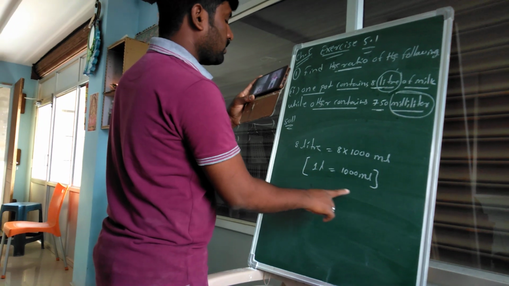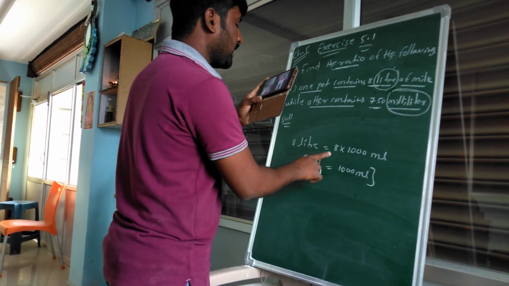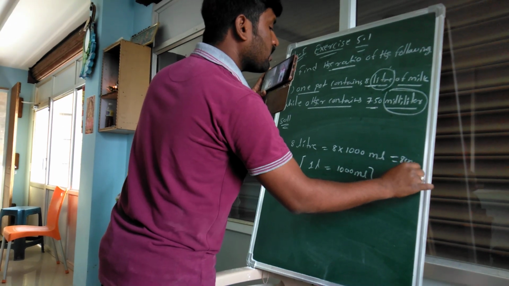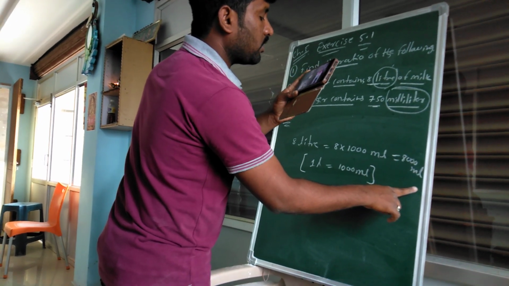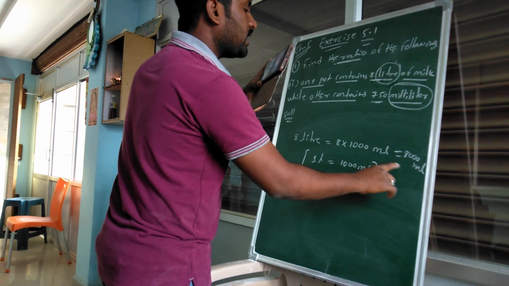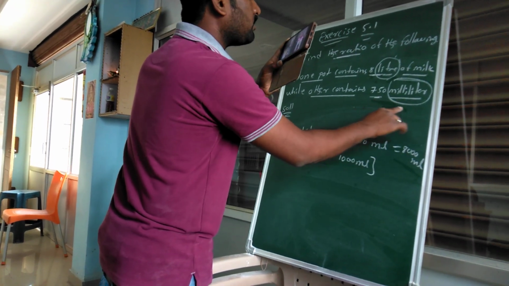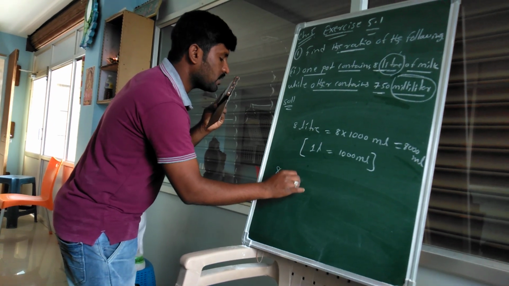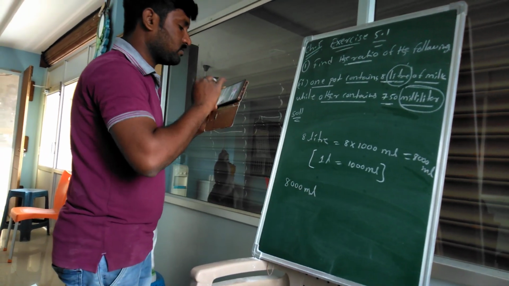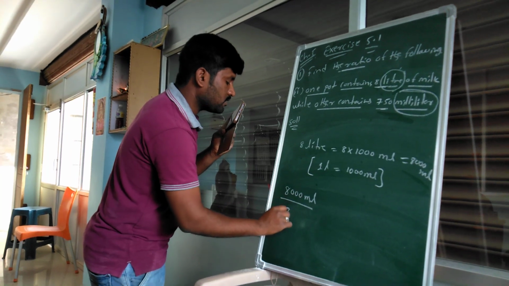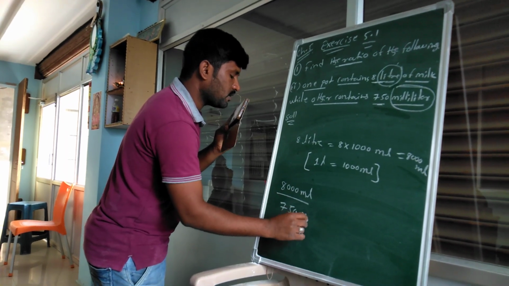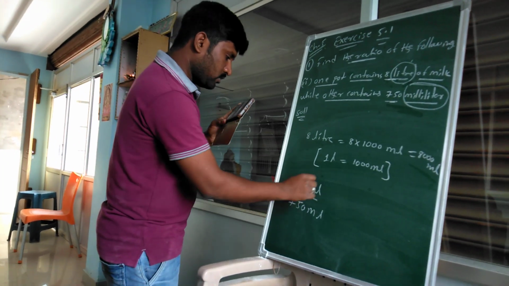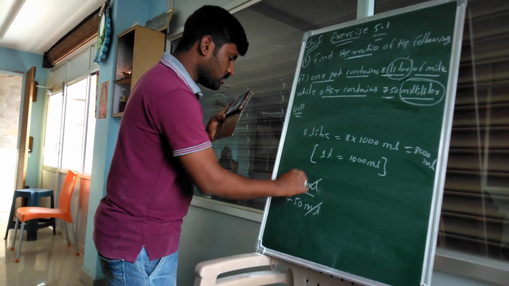That's why 8 liters means 8 into 1000 ml, that is 8000 milliliter. Now 8000 milliliter by 750 milliliter. Now the units cancel, and the zeros cancel.